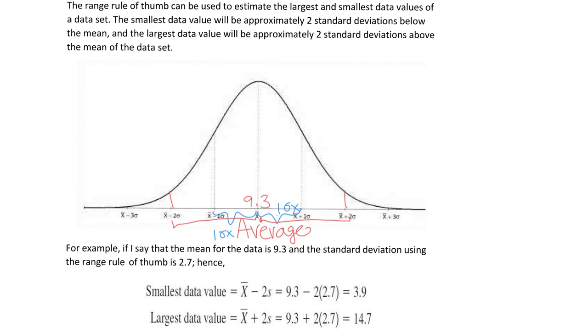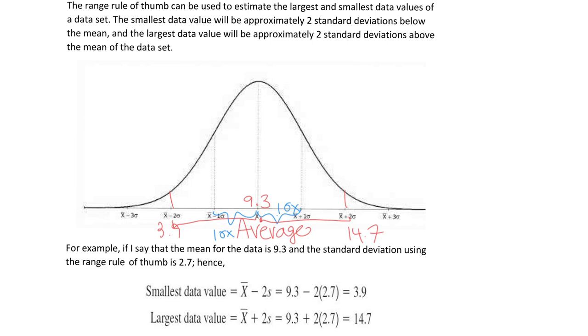And so the 3.9 would be here, and the 14.7 would be there. Like I said, this is just a rule of thumb because we don't always have this perfect data set. Okay, which leads me to Chebyshev's theorem, which can be used for any distribution.